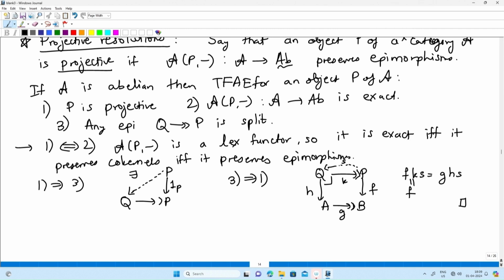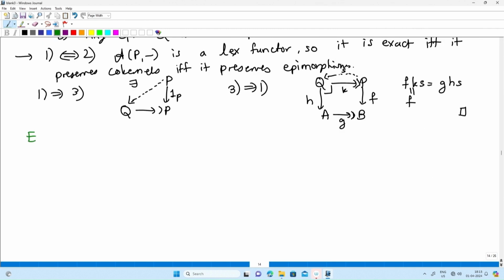And some examples. So free modules are projective. And direct summands of free modules are projective. I already mentioned that. And then if you remember, we have talked about projective objects, like, there are enough projectives in a module category or in a Grothendieck category.